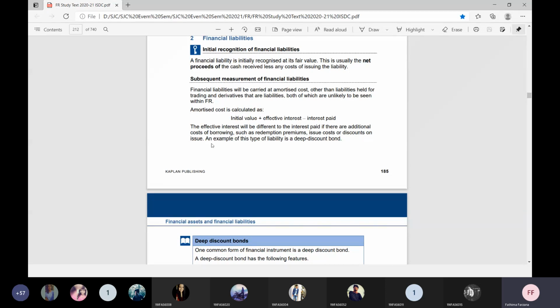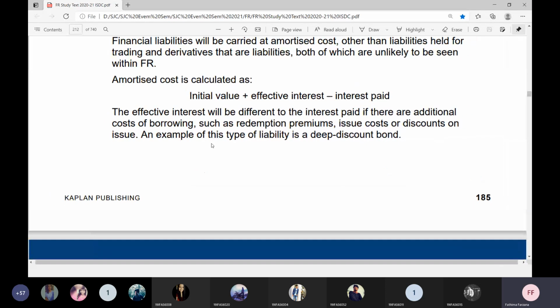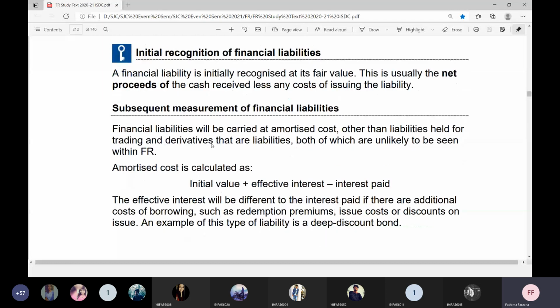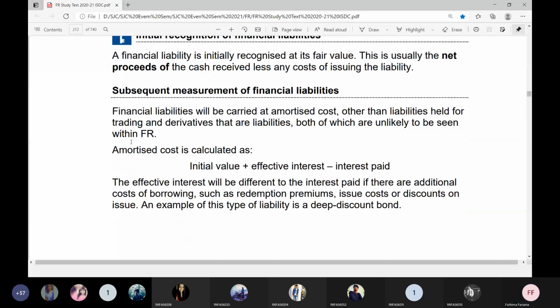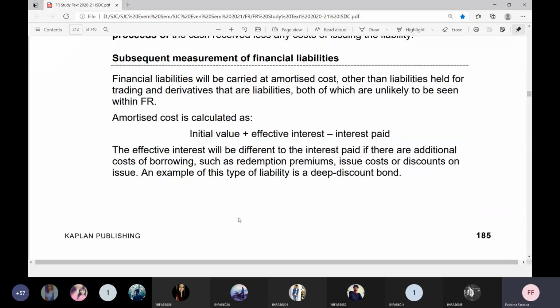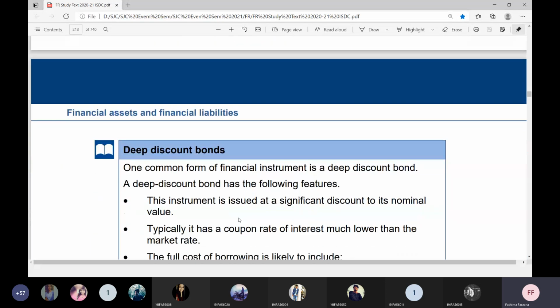See, I think this paragraph we need to read here. This is regarding financial liabilities. The effective interest will be different to the interest paid if there are additional costs of borrowing, such as redemption premium, issue cost or discount, etc. An example of this type of liability is a deep discount bond. It's a self-study topic.